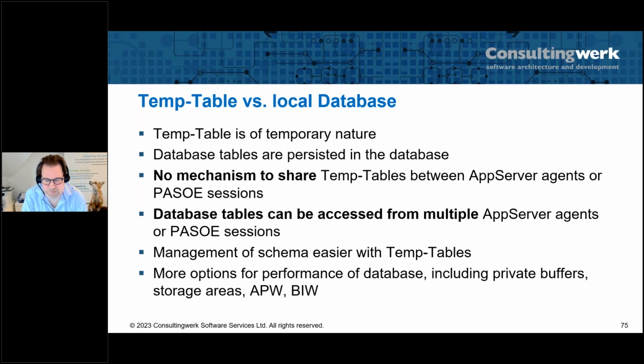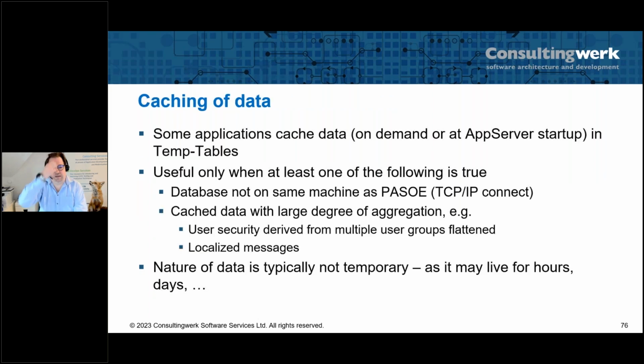The buffer pool for Temp-Tables is limited to 50,000 blocks, which is then a maximum of 440 megabytes. So there's a limit there. Plus the database buffer could be shared by multiple AppServer agents. So that means if you're using Temp-Tables for long-term caching of application data, it is actually worth considering databases as an alternative to that.